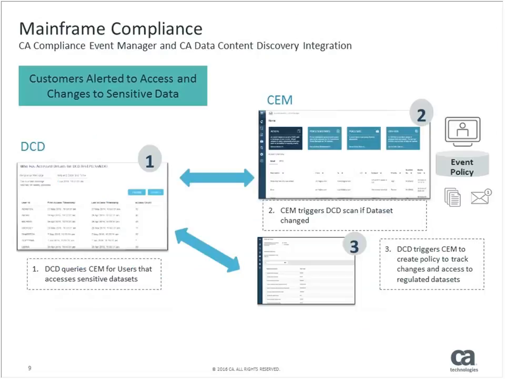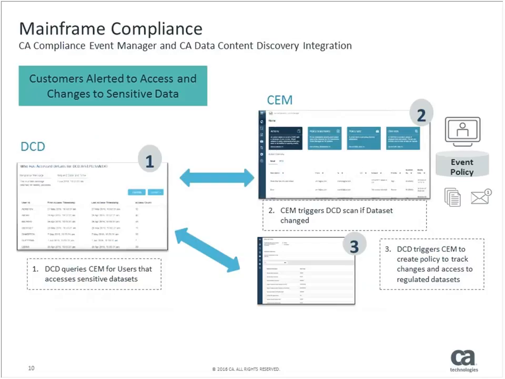So let's look at a use case where this might be helpful. In fact, the integration that we have between these products gives us three really critical and important use cases. The first one here under number one really helps customers get alerted to access and changes to sensitive data.